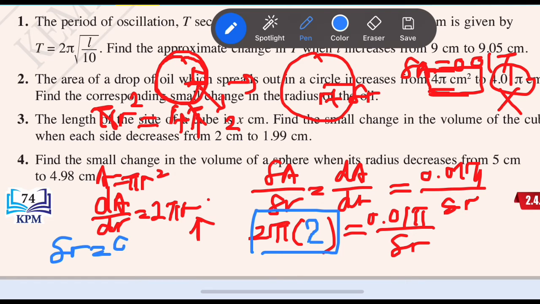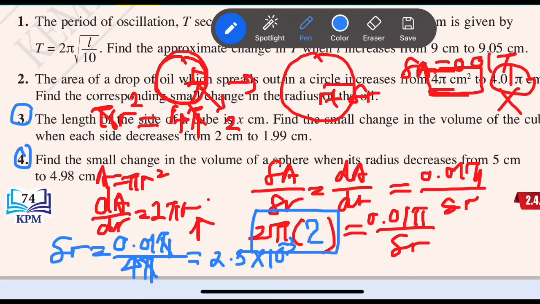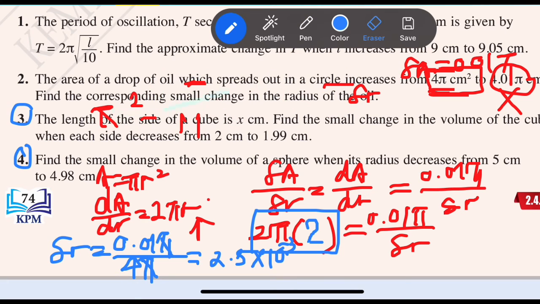So if you solve it, you will get the answer like I just showed. It is actually 0.01 pi over 4 pi, and you cancel out the pi, you will get the answer in decimal. Alright, so that is how you solve the small changes of the radius. Bear in mind that you should always use the original value to find the unknown.